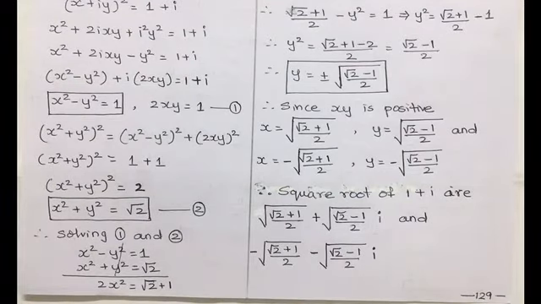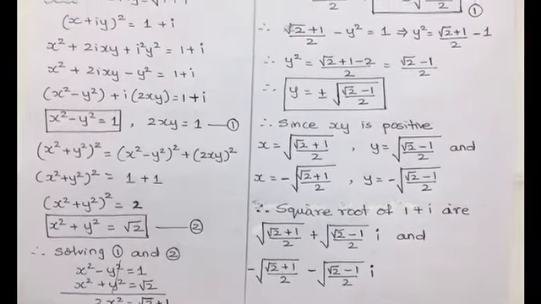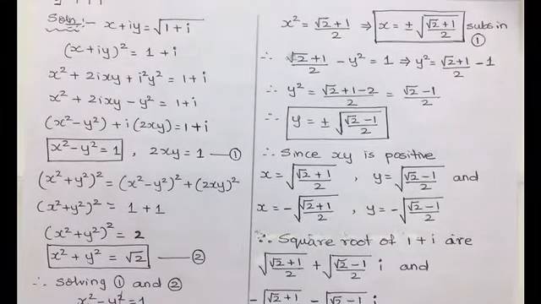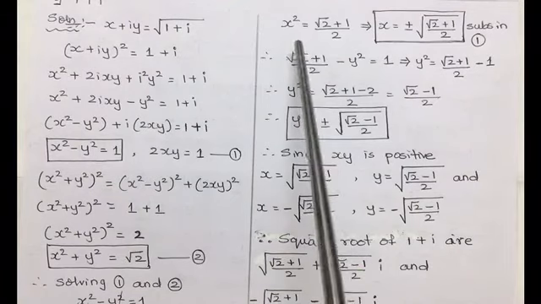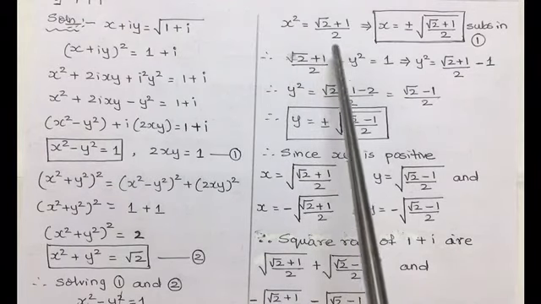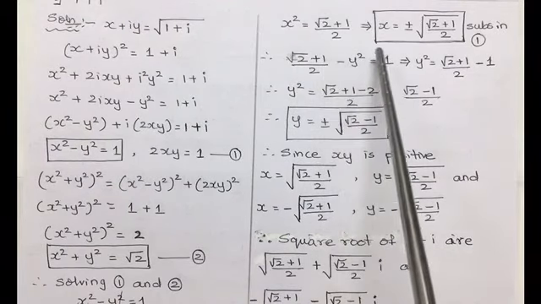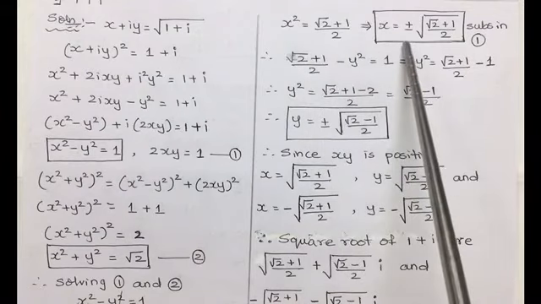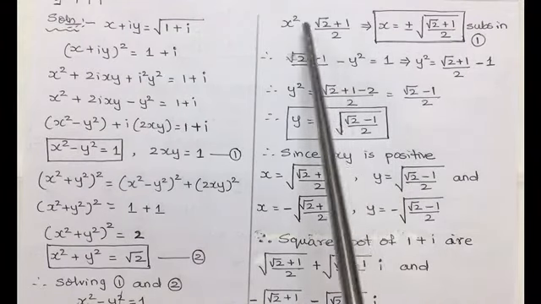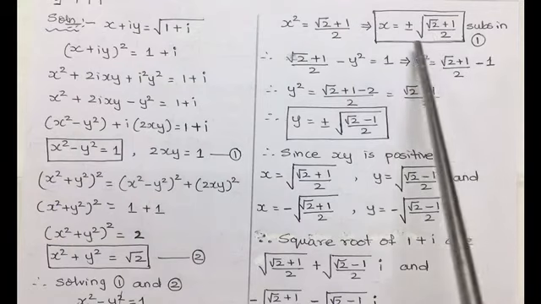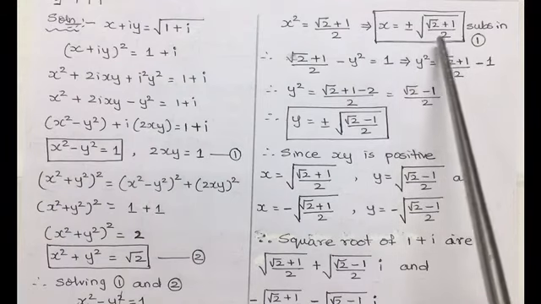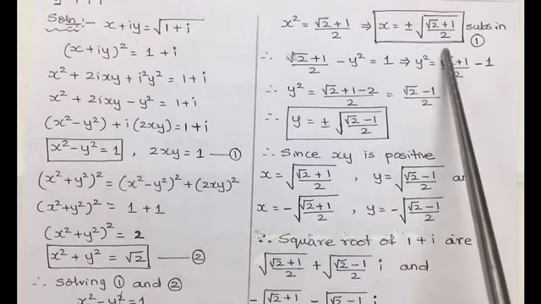Now taking to the other side, we will get the value of x square as root 2 plus 1 divided by 2, and to calculate x, shifting square on the other side becomes root as plus or minus root of root 2 plus 1 divided by 2.